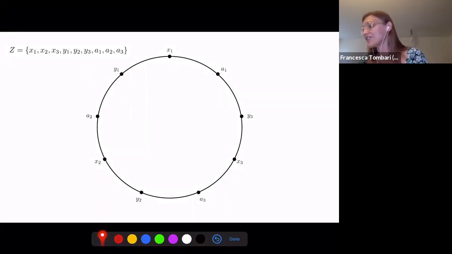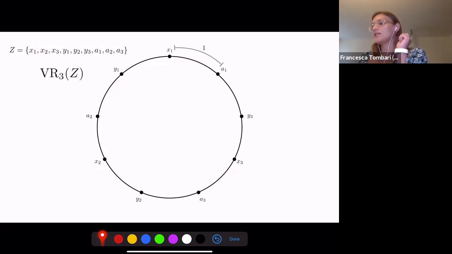But this is not only a bunch of points on the circle, this is actually a metric space. We consider a distance of 1 for every couple of adjacent points. And I want to consider the Vietoris-Rips complex of this metric space at scale 3.